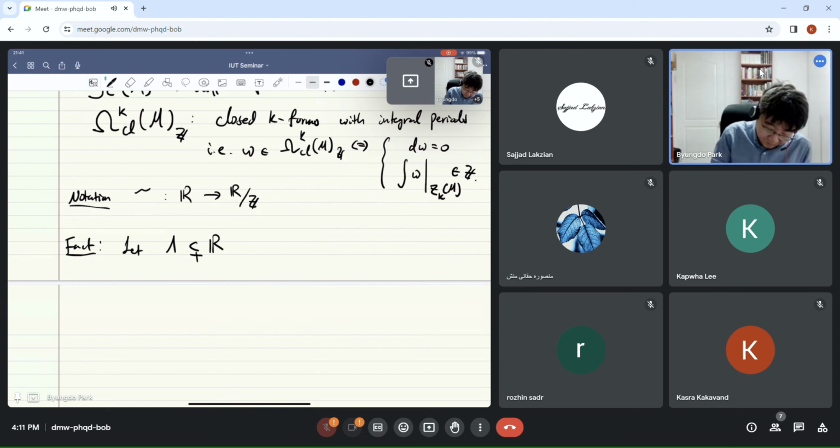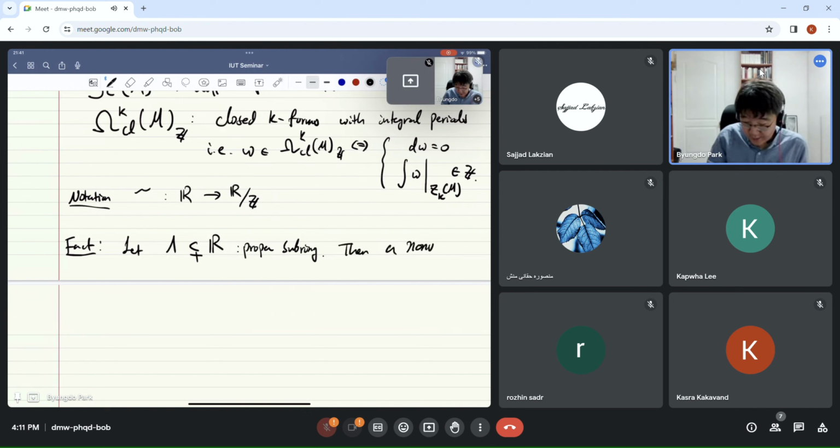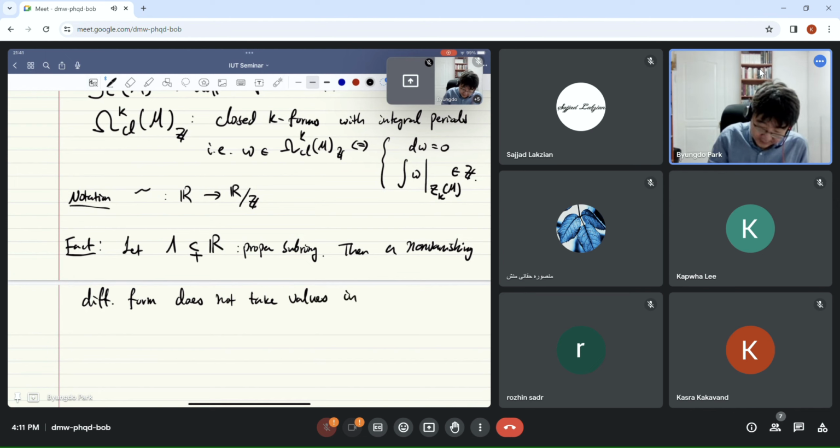Then a non-vanishing differential form does not take values in lambda.